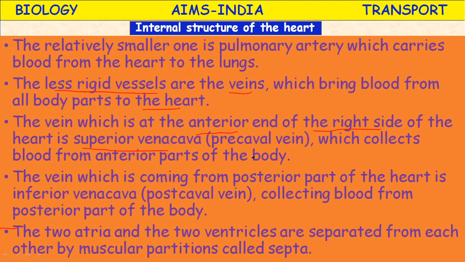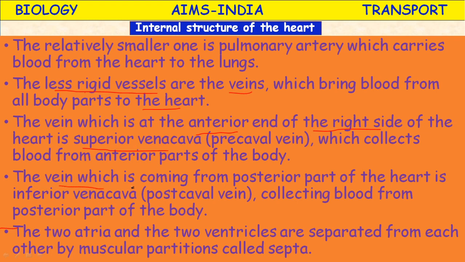Superior vena cava, it is also called the precaval vein, which collects deoxygenated blood from all parts of the body which are above, from the hands, from the head, that is called the anterior parts of the body. So the vein which collects the deoxygenated blood from anterior parts of the body and opens into the right auricle is called the precaval vein or superior vena cava.